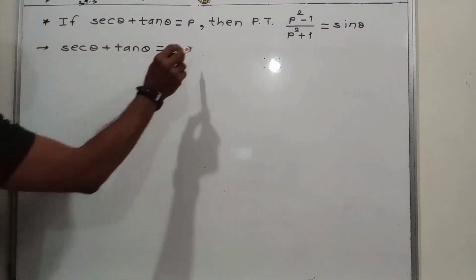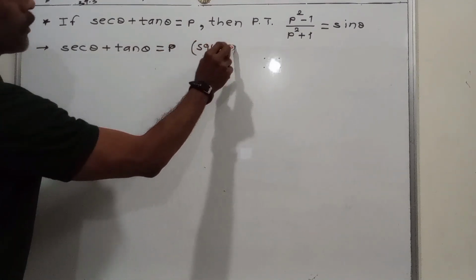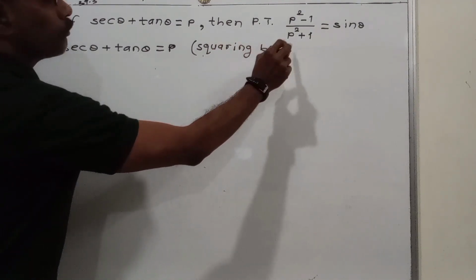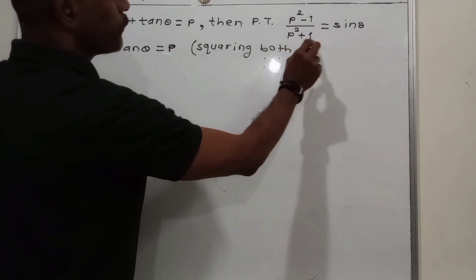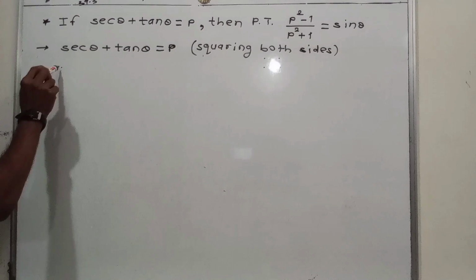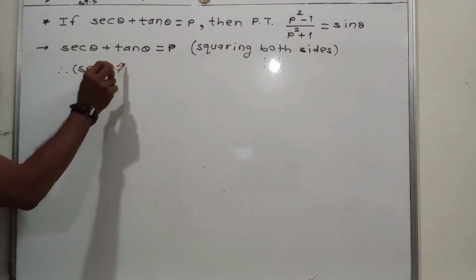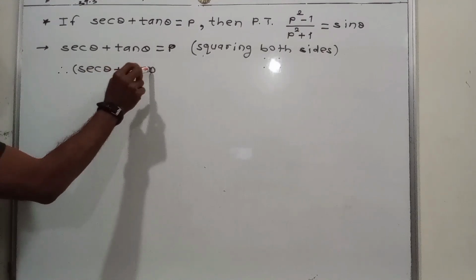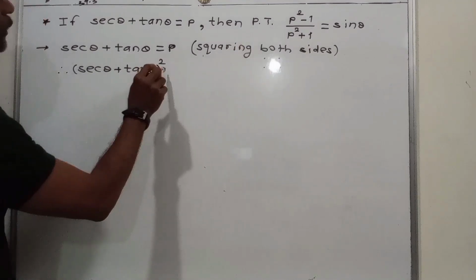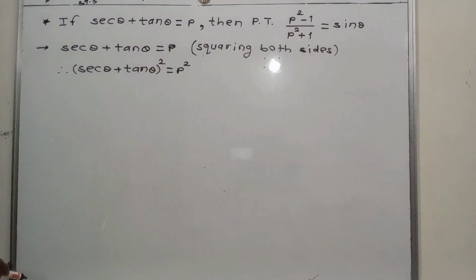First we write here squaring both sides. Squaring both sides, therefore sec theta plus tan theta bracket square. We want p square. So p square. Did you get it?